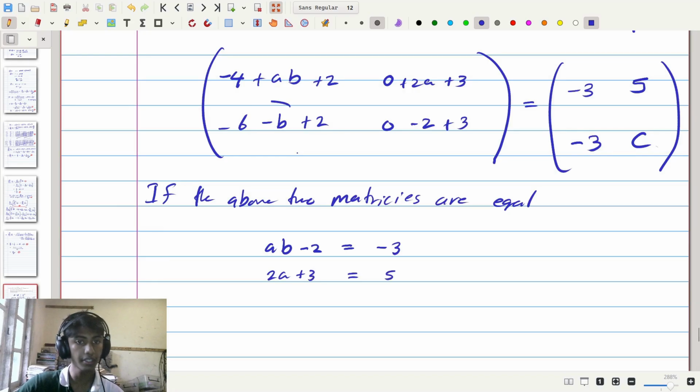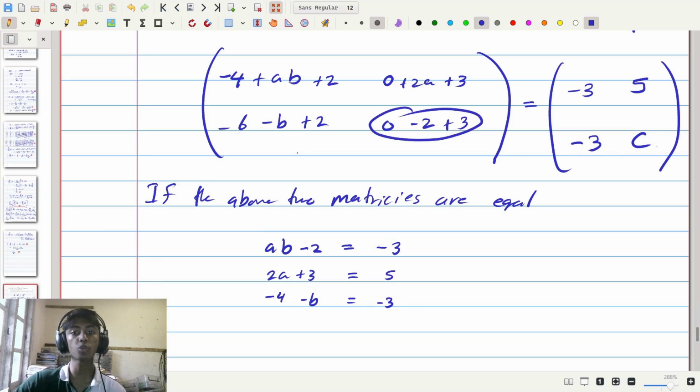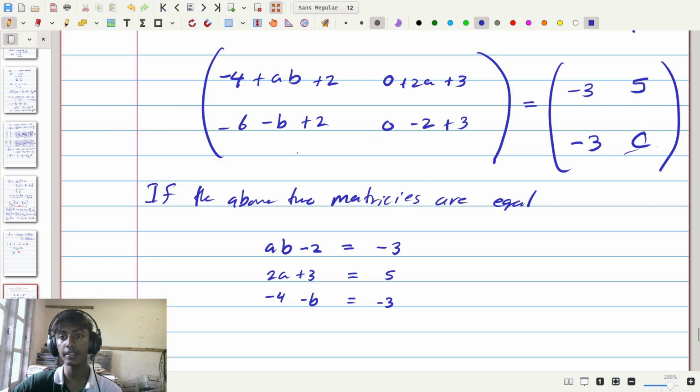And the next one we get is minus 6 minus B plus 2 equals minus 3. So simplifying this down, we can see minus 4 minus B equals minus 3, and the last one we get is 0 minus 2 plus 3, or plus 1 equals C. So we get 1 equals C.